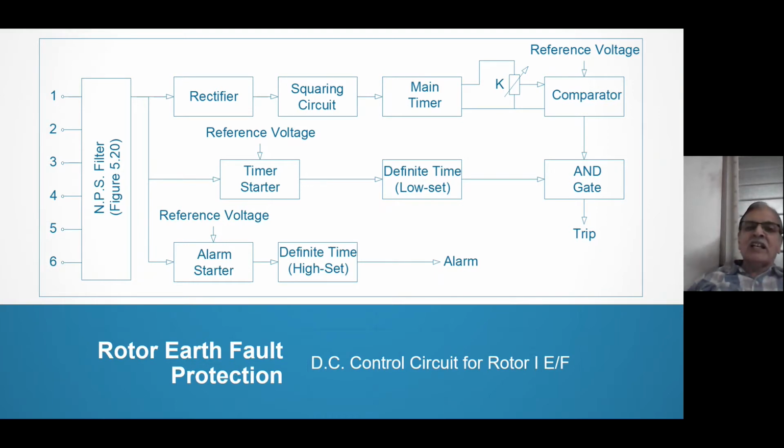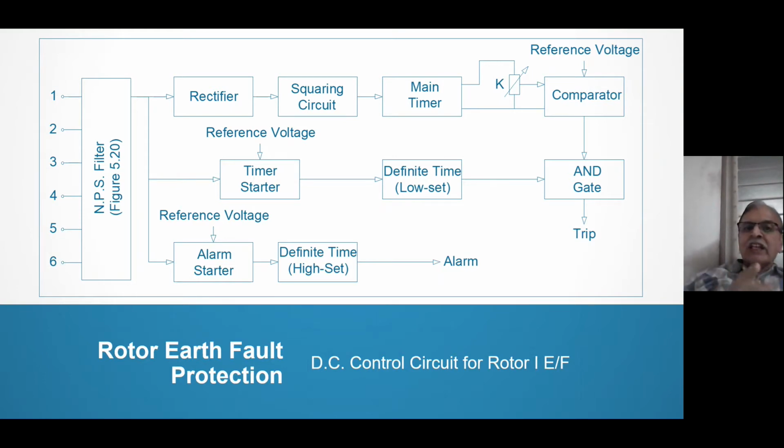One timer is started, and to that timer we are giving some reference voltage. That reference voltage is for trip. That means if the negative sequence content exceeds a certain value, then the timer is started. And that definite time is low set because the generator is going to be damaged. Therefore it has to be low set: few seconds, 2 or 3 or 4 seconds, small time.